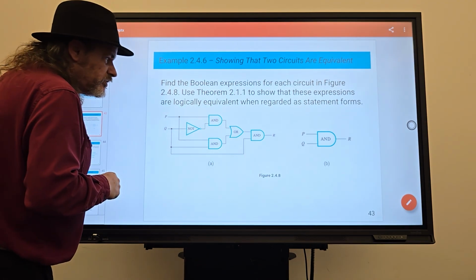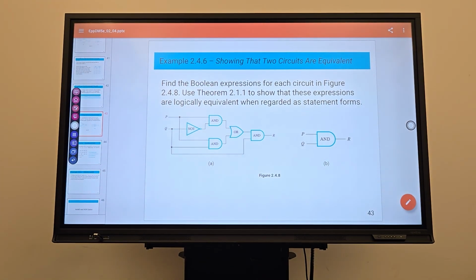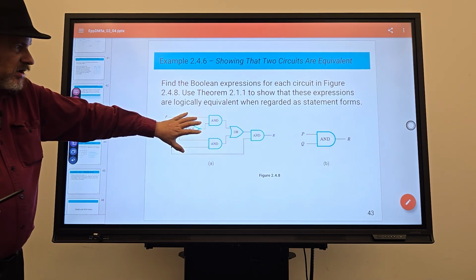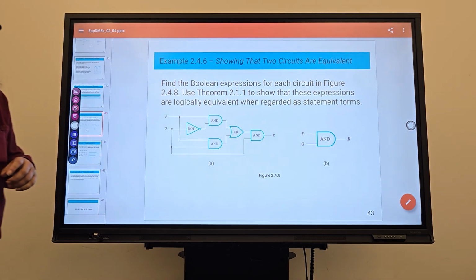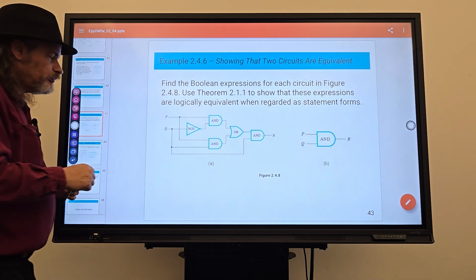Now to reduce it, you can do the input-output tables for the complex circuit and try to find that way a simpler circuit for what you want to do.